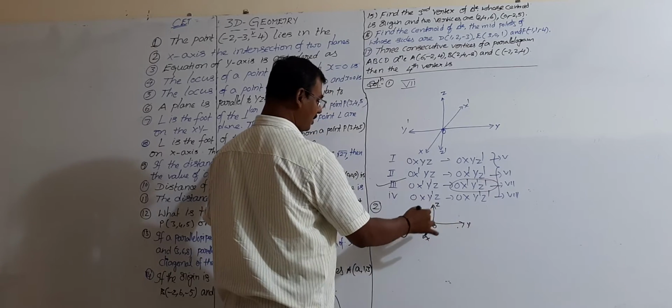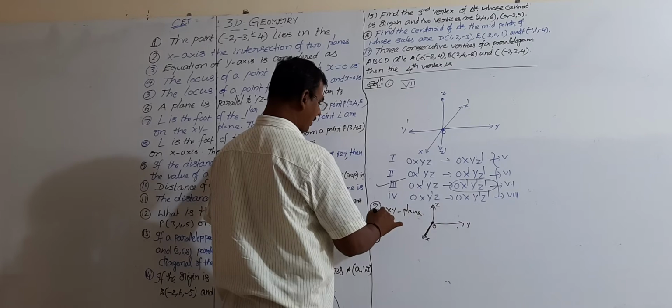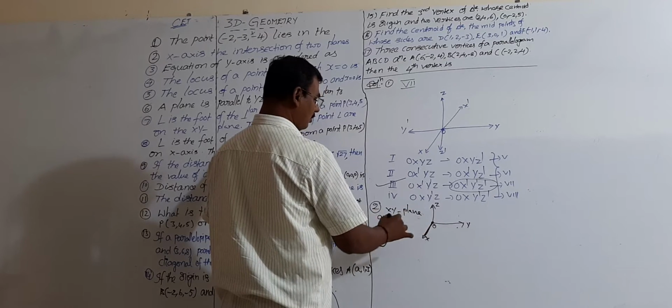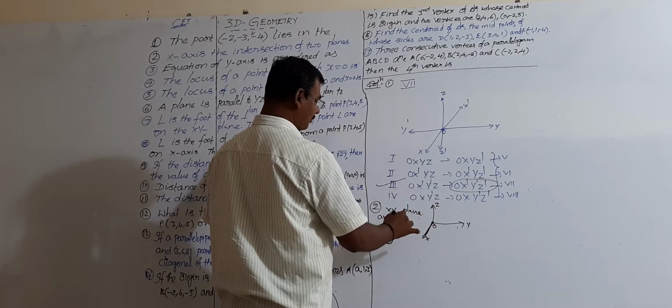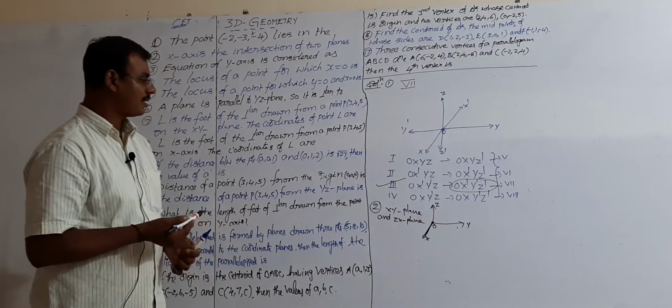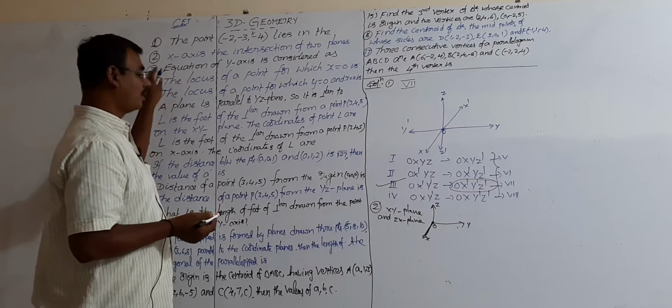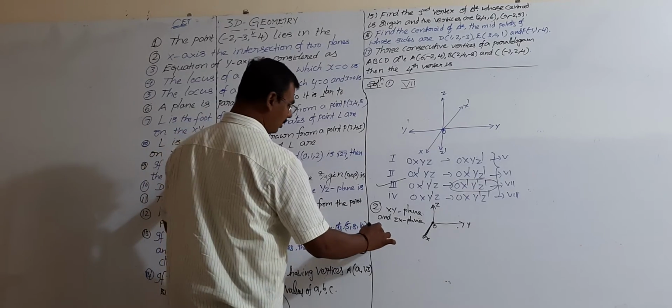XY plane and ZX plane. So the x-axis is the intersection of the XY plane and the ZX plane. Clear?